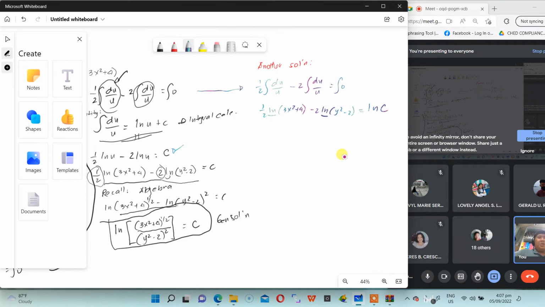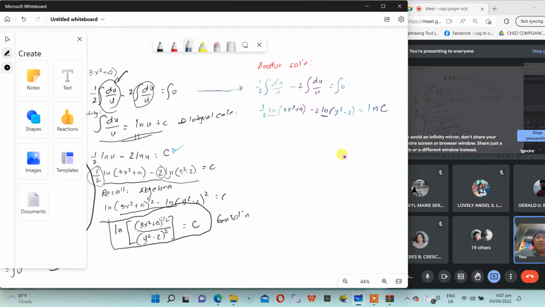Sir, will their answer be the same? The form may not be the same, but when you substitute the values for that constant, the answer will always be the same. That's why each one of you could have many solutions.